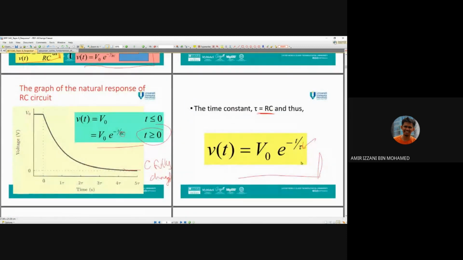As this is a natural response, it doesn't have an external source. So the initial voltage at the capacitor will be released into the RC circuit. You can see here the voltage in the circuit will decay until it reaches 0, where the C is fully depleted or fully discharged.